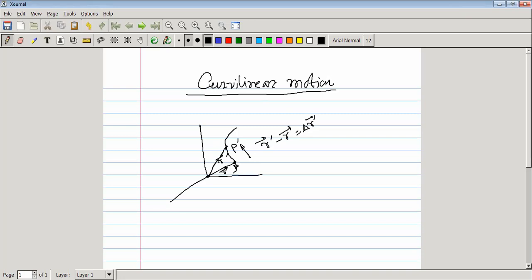Now if a particle moves in that direction, and this change in position takes del t time, then what should be the instantaneous velocity?